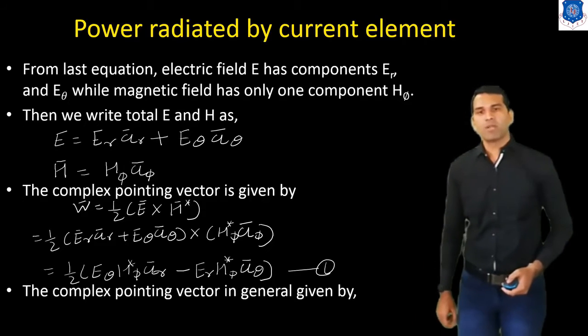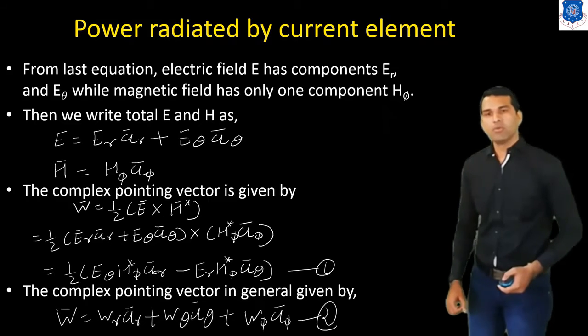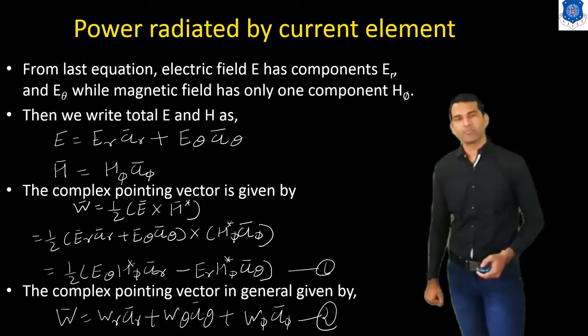Now the complex Poynting vector in general is given by W is equal to W_R a_R plus W theta a theta plus W phi a phi.